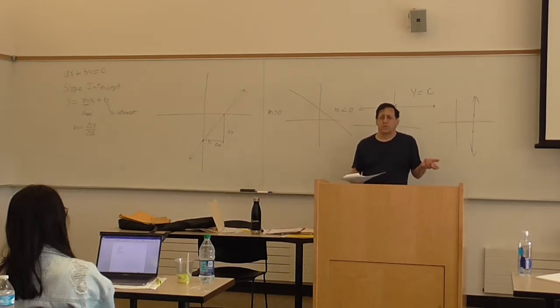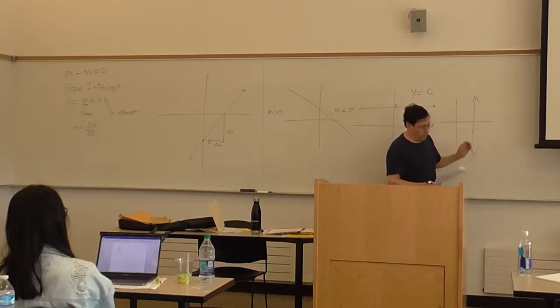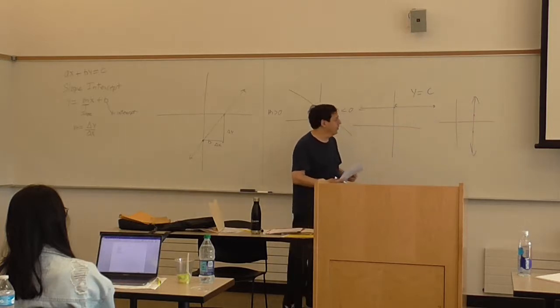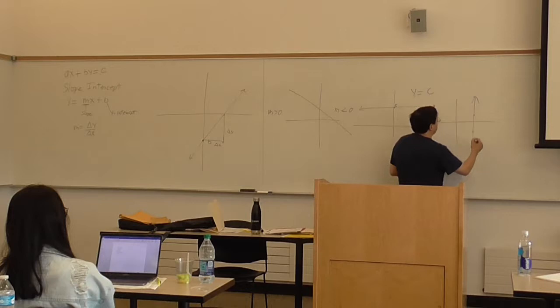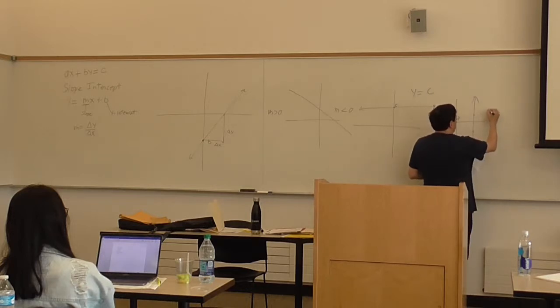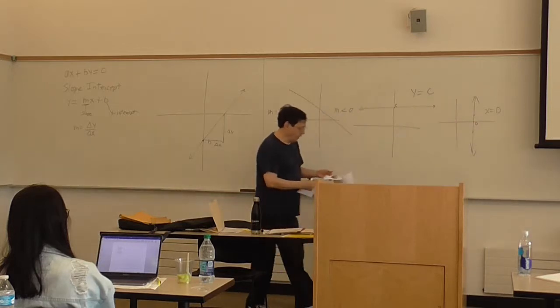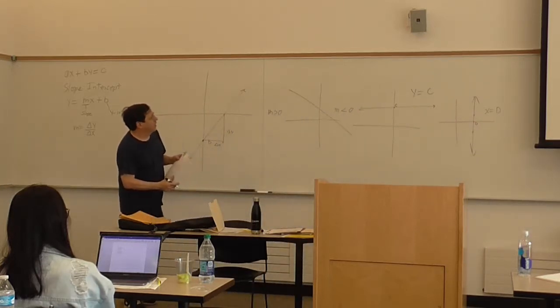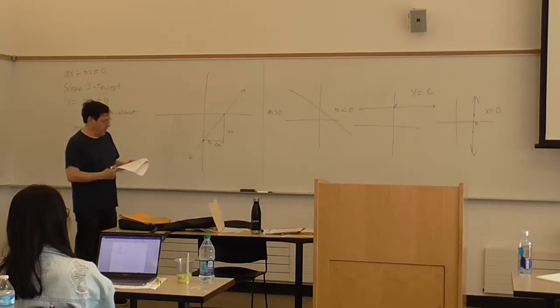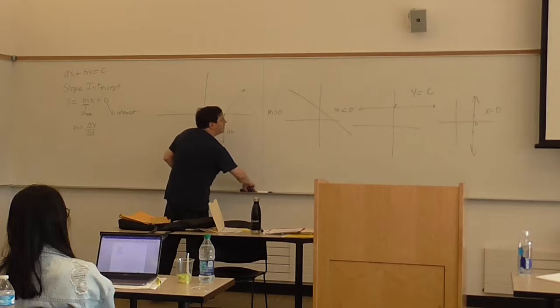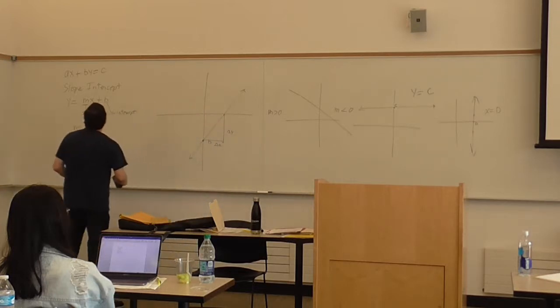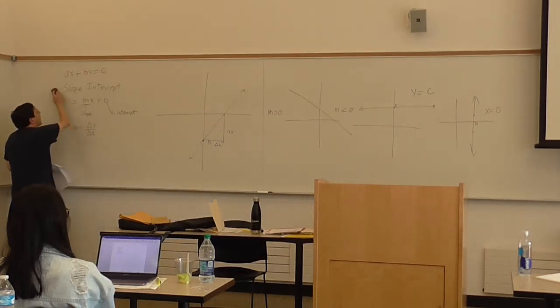Divided by 0, it's undefined. So this is an undefined slope. It's a perfectly good line. We could say x equals some other constant, say d. Okay, so that's graphing lines. Come back to this.